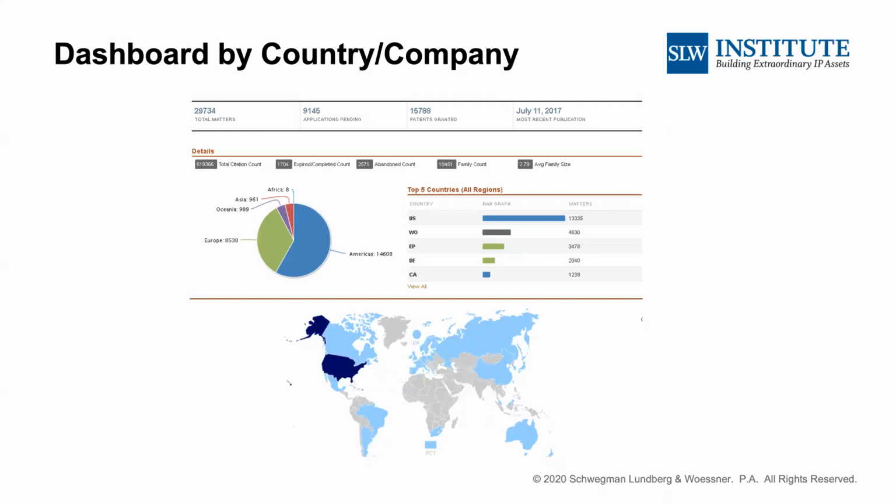So in this case, we're looking at a med device portfolio. It's a somewhat dated snapshot of a company, but it gives you at a glance the effort put into the various regions of the world where the bulk of the filings are. Also, if you look under the detail side, you see abandoned and expired.